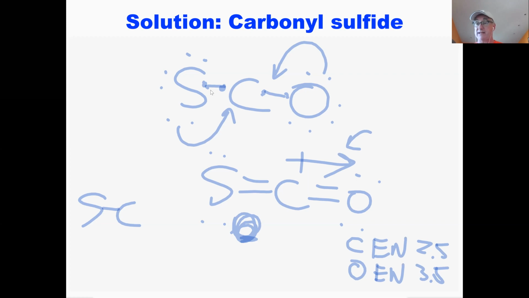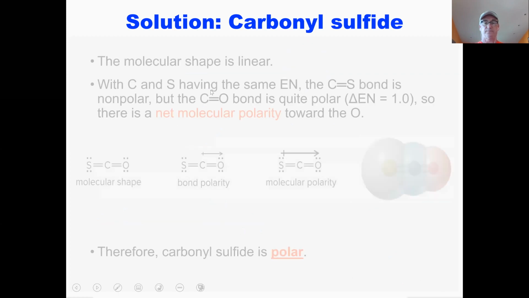When I add up all the dipoles, remember you have to add all the dipoles of the molecule together to see whether it has a net molecular dipole. Does this have a net dipole? What do we think? Yeah, exactly, Nang. It is polar.